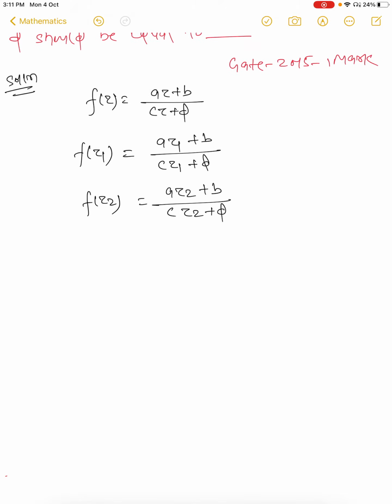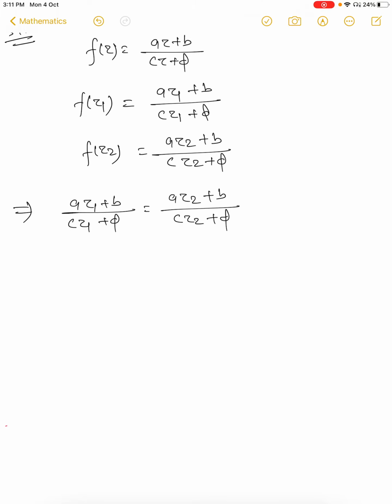We have to equate them. So (a z1 plus b)(c z2 plus d) equals (a z2 plus b)(c z1 plus d).